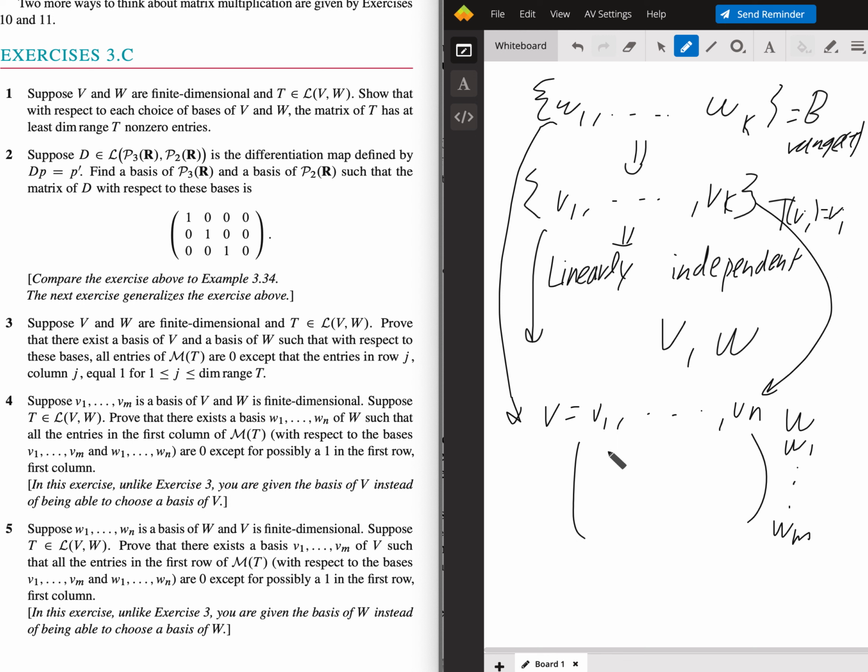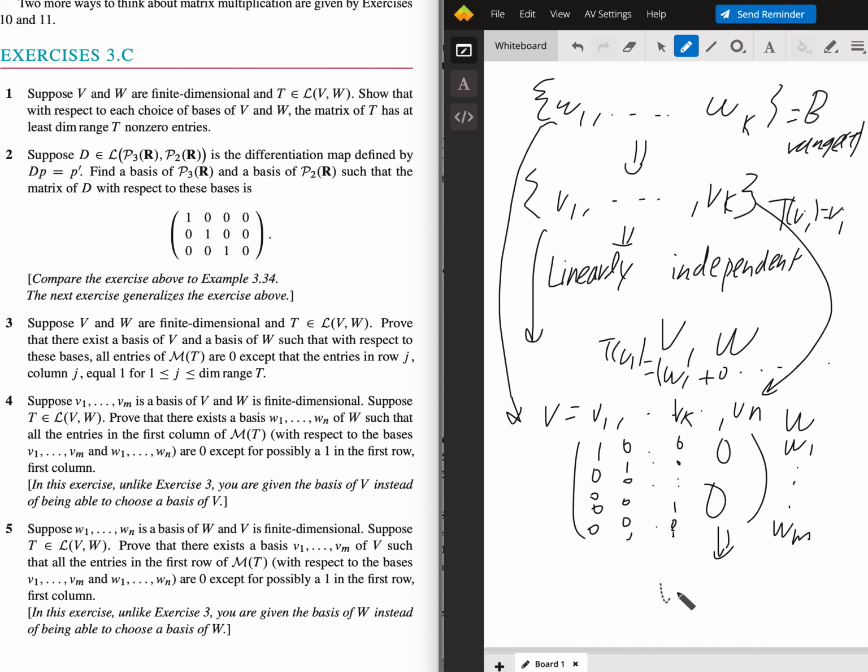And then the transformation of V1 is just 1 W1 plus 0 times everything else, so it's just 1 0 0 0, and the rest goes the same until you reach Vk, where you get your last 1, and the rest of the matrix is just a bunch of zeros. And then that just works.